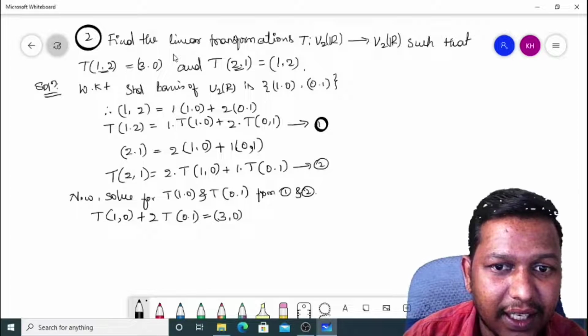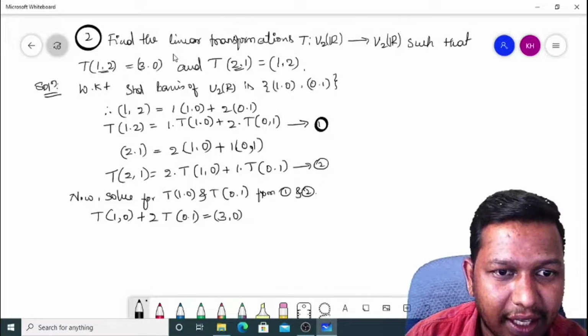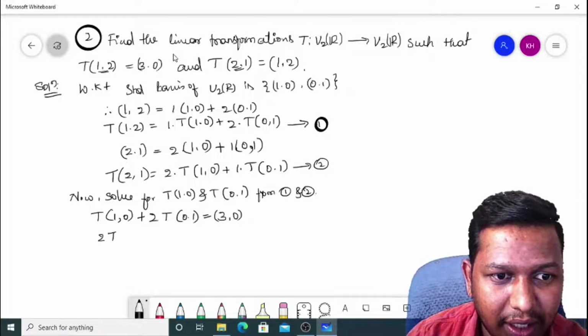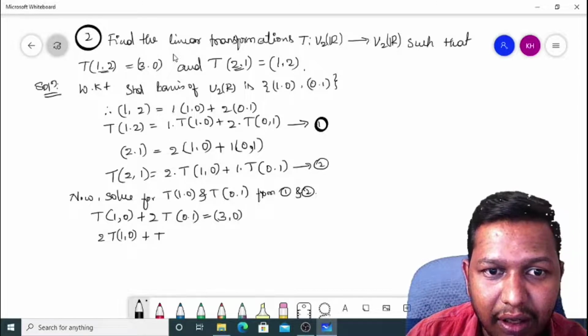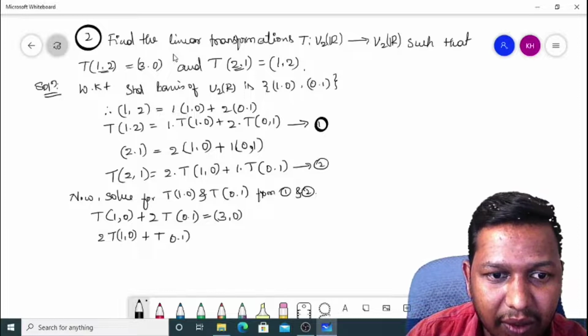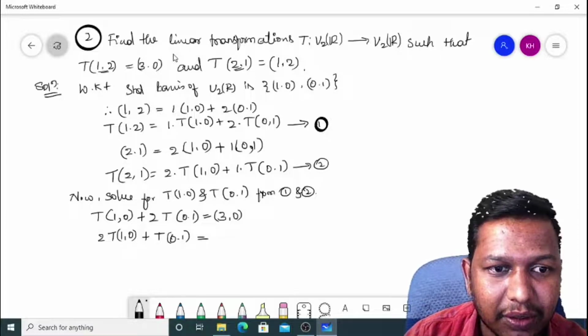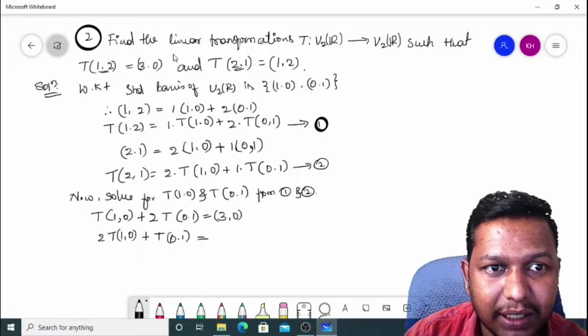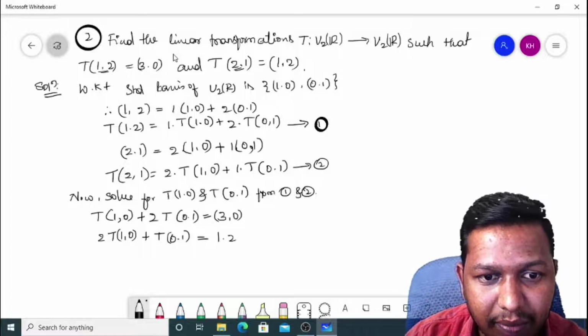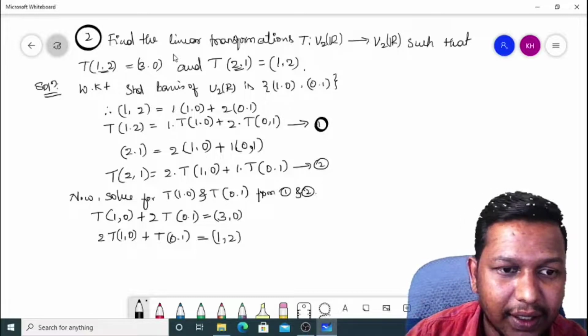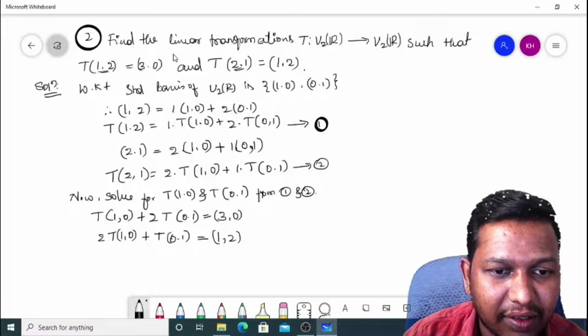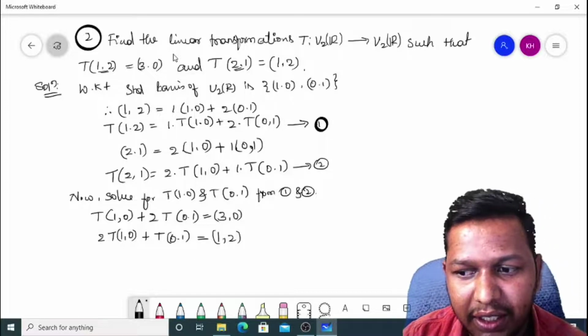Next, the second equation I wrote as 2 into T of (1, 0) plus T of (0, 1), which is equal to image of (2, 1), which is (1, 2). Now add or solve these two equations.